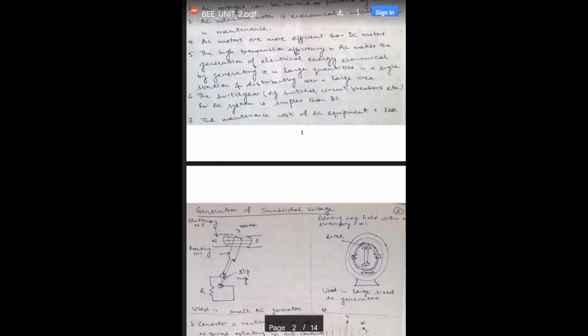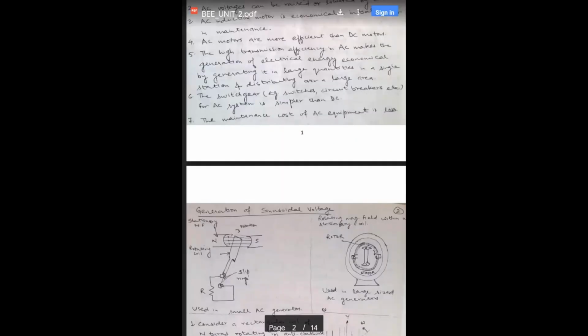As you know, Bhakra Nangal Dam is situated very far away from us, but still the power is transmitted from that power plant. Distribution is also easy in case of the AC system.